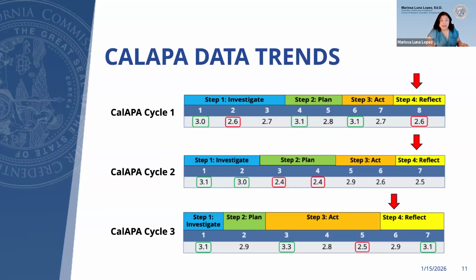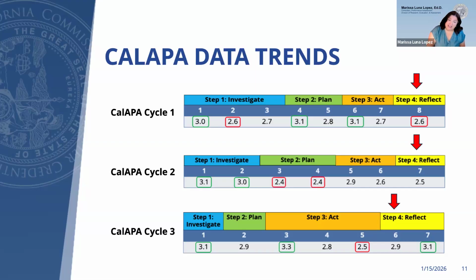And so for APA Cycle 1, we'll be taking a look at Step 4, Rubric 8 today. For Cycle 2, there's a lot of variation in that cycle, and so we actually will be taking a look at the Reflect step there as well.